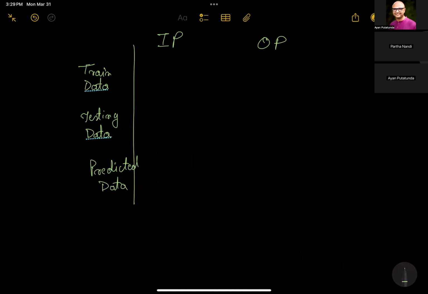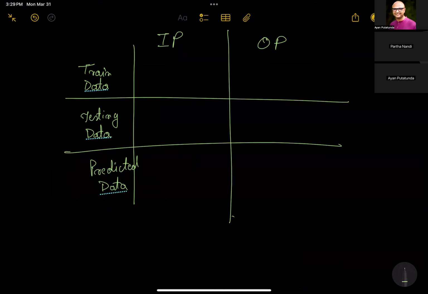Do you remember what we talked about yesterday? In training data, both input and output are known to me plus machine, right? If we have testing data, the input is known to me and also to the machine, but the output is only known to me, not to the machine.